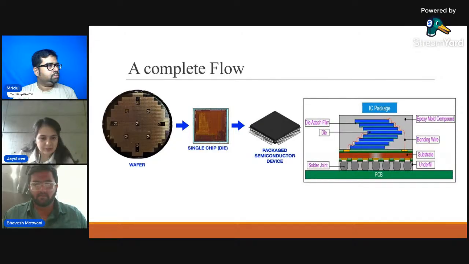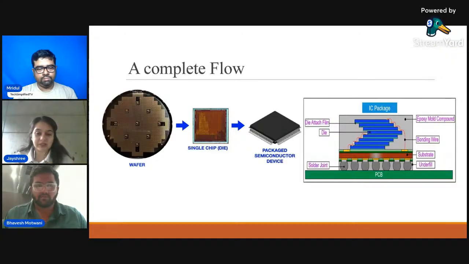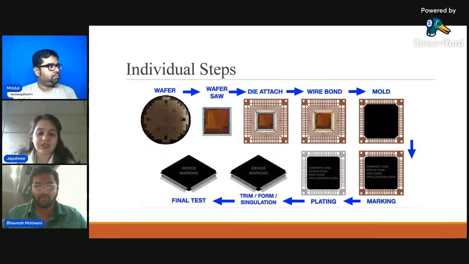That is called a package. These are the three individual terms: a wafer, a die, and a package. On the right-hand side you can see how stacking is done to create a stack, and there we can see the layers of the packaging, from the base to the uppermost layer. These are all terms we will learn in the continuing session.